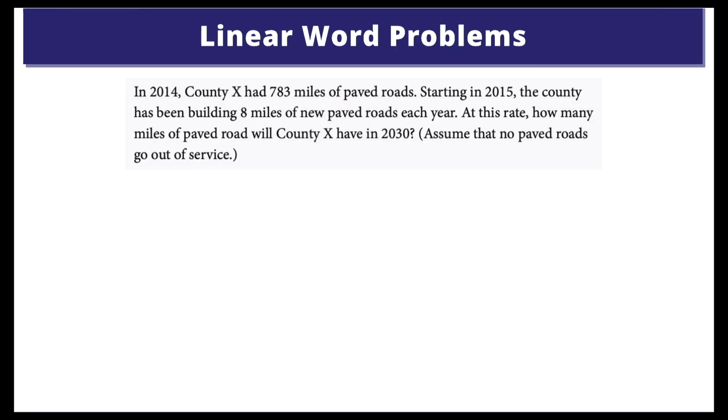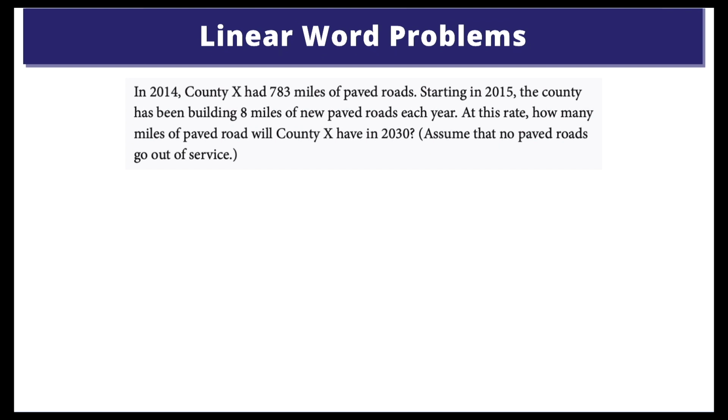All right. For the next one, let's see. In 2014, Country X had 783 miles of paved roads. Starting in 2015, the country had been building 8 miles of new road each year. At this rate, how many miles of paved road will Country X have in 2030? Assume that no paved roads go out of service.